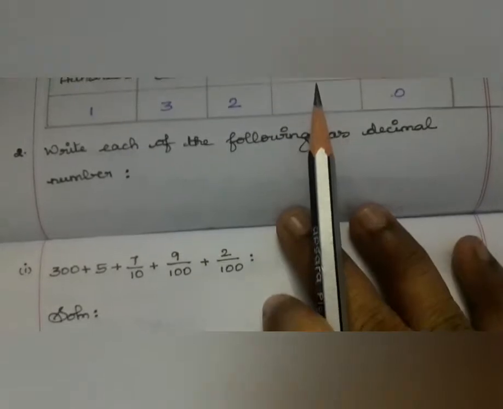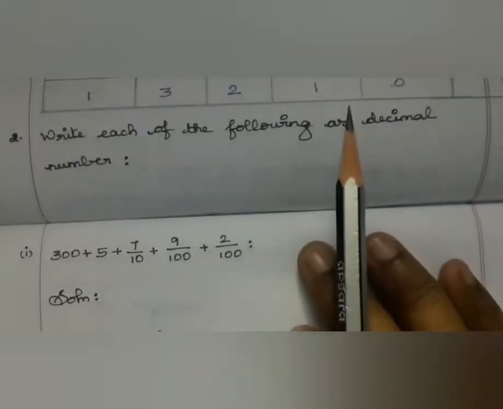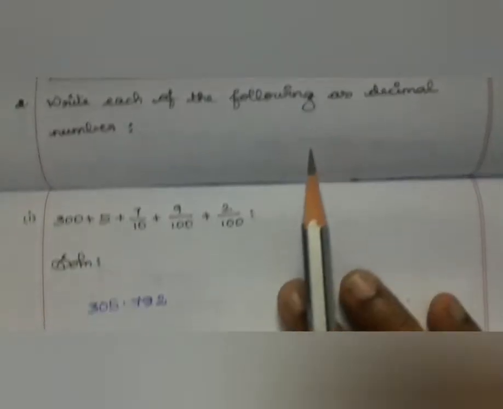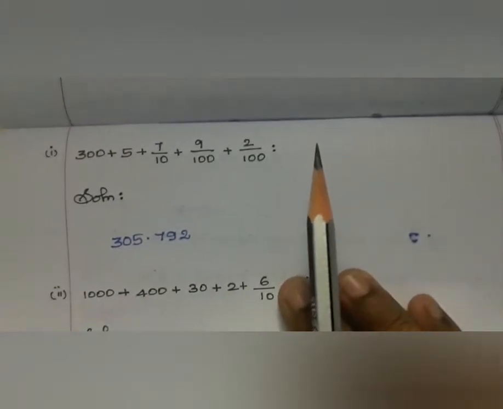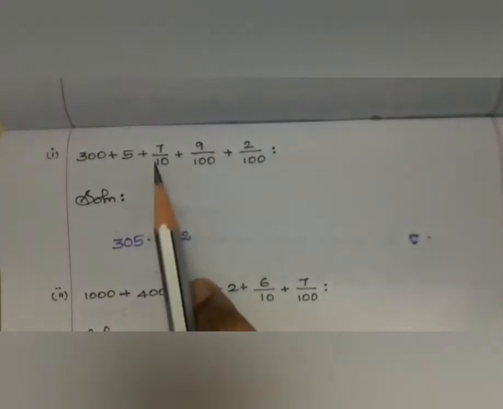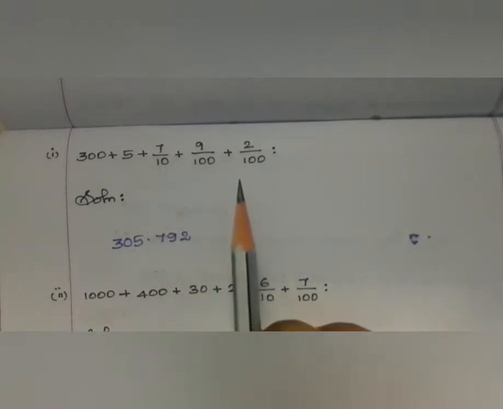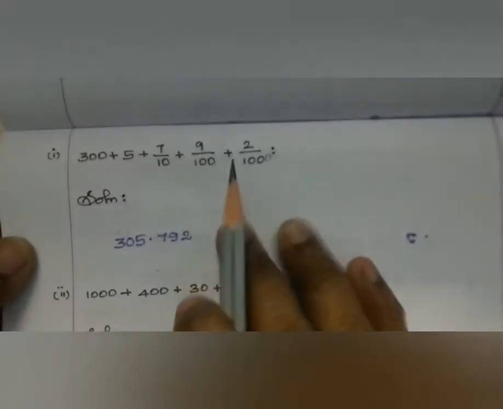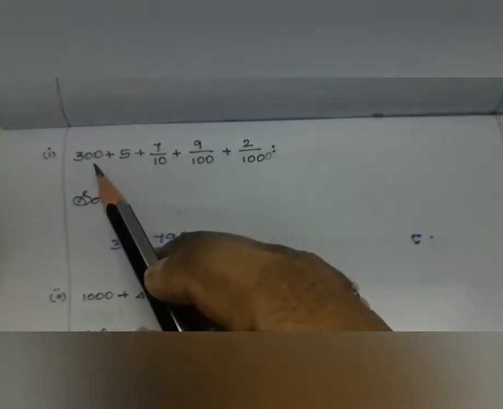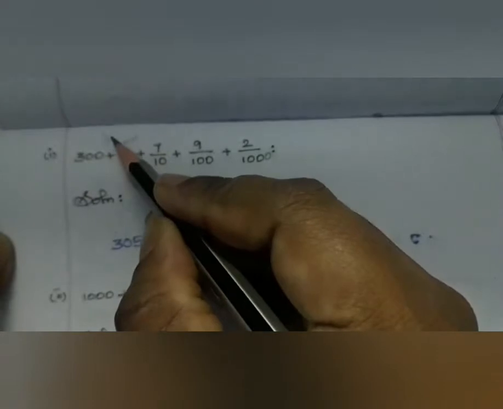Okay, second question, write each of the following as a decimal number. We are going to convert the question into the format of a decimal number. 300 plus 5 plus 7 by 10 plus 9 by 100 plus 2 by 1000. Now here you can understand that hundreds is there, this is ones, tens is missing, isn't it?